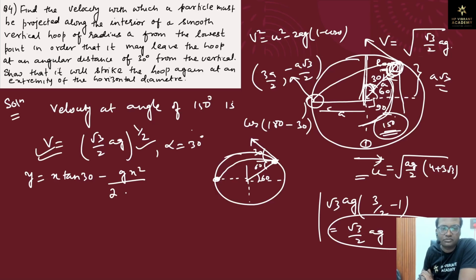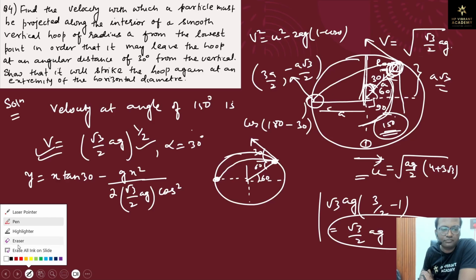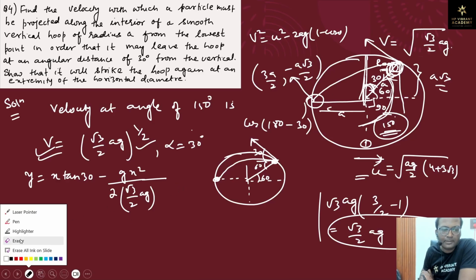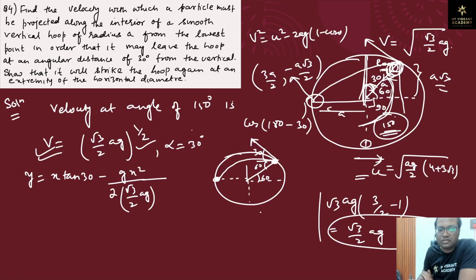2u square is this, so 2 into root 3 upon 2 ag, times cos square 30 degrees. Cos square 30 is 3 upon 4. So gx square upon 2u square cos square 30 degrees.